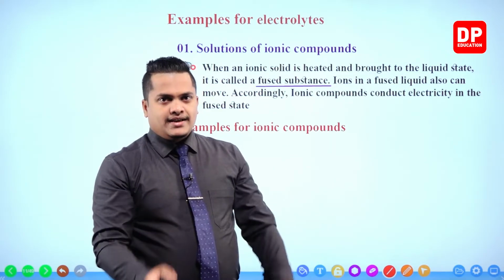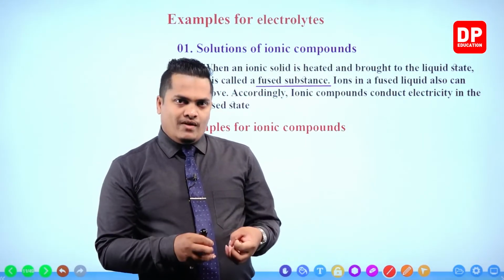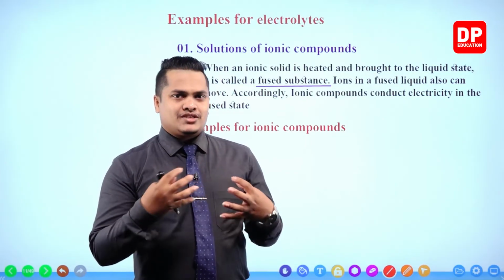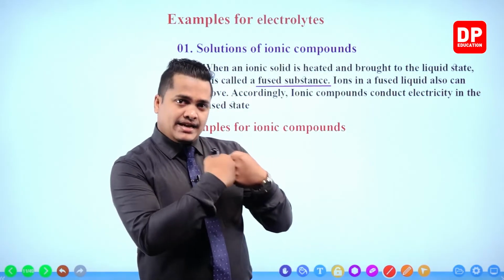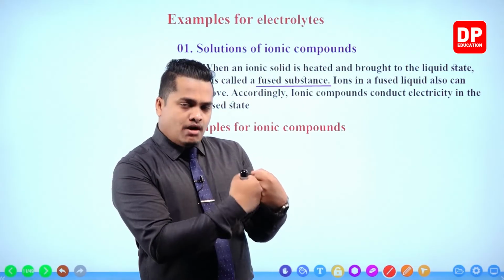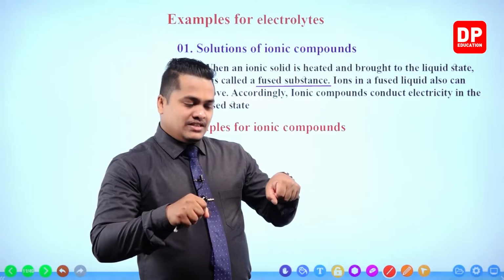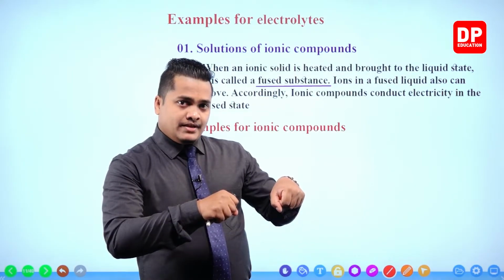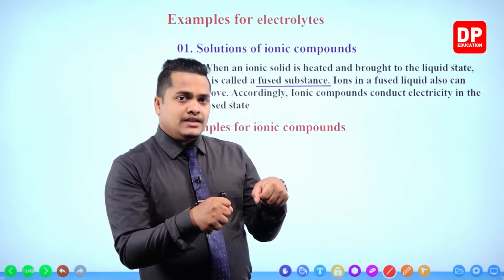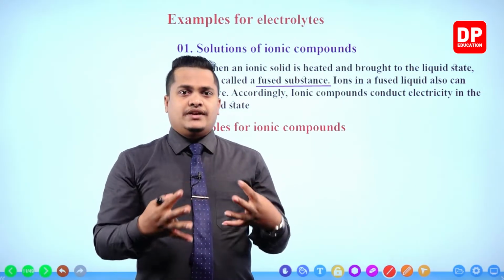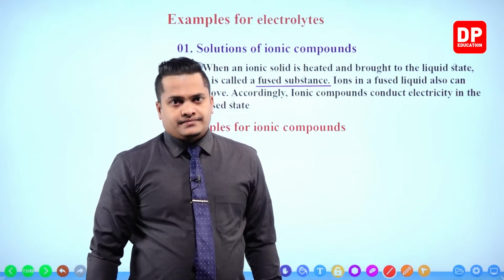Because you know that particles are tightly packed in a solid. However, particles are not that tightly packed in a liquid. So we provide heat energy to break down these strongly attracted bonds so that they would convert like this with a certain space. Upon creating a space between particles, definitely they will turn into the liquid state.